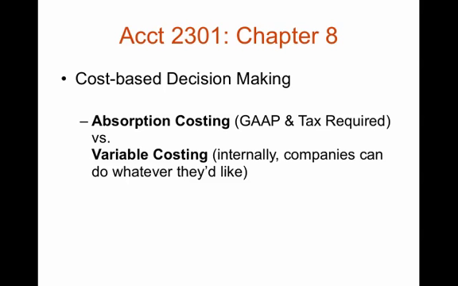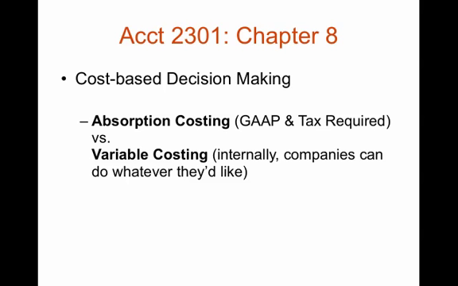Absorption costing is what we've been talking about the majority of the semester. Absorption costing is required by generally accepted accounting principles and required by tax reporting. So that's what companies use, and the chapter compares absorption costing to variable costing, which companies can use internally, but they rarely do.